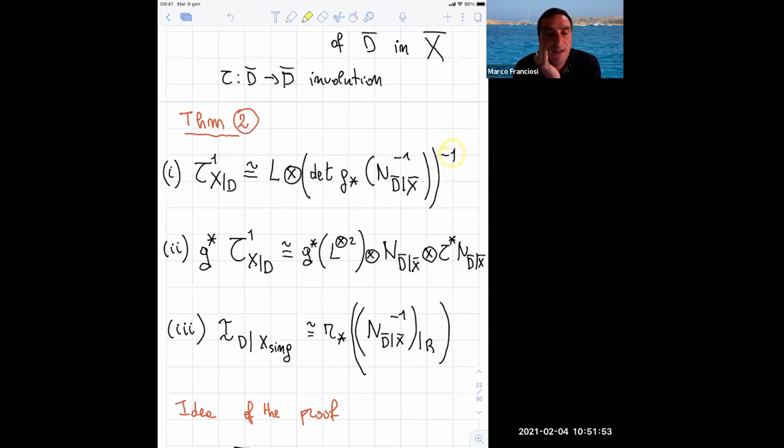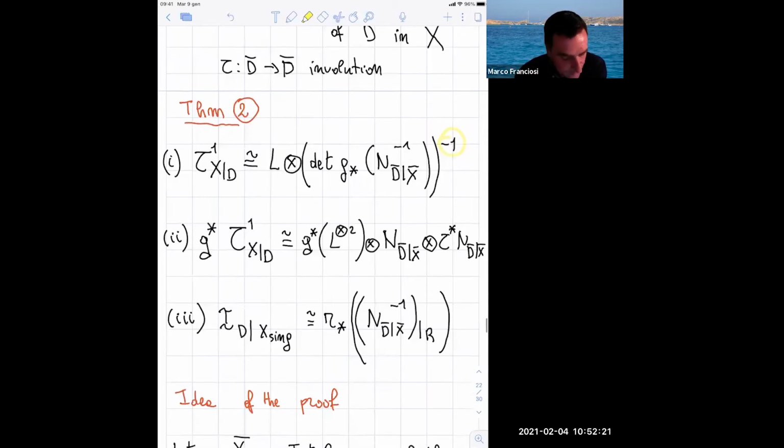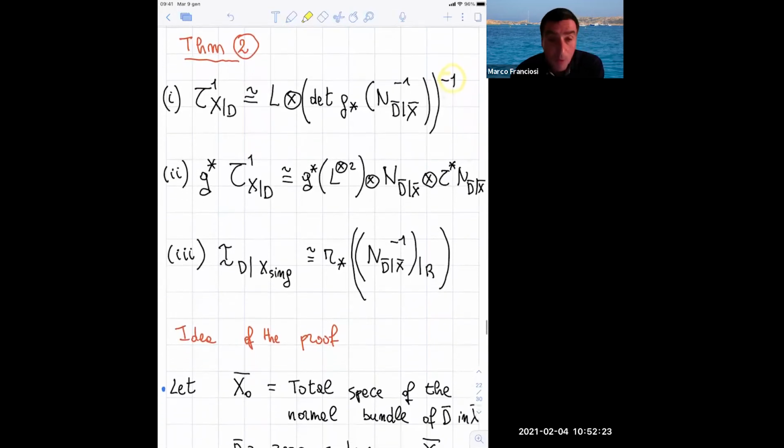So we have these three pieces. And finally, the ideal of D inside the singular locus of X can be seen as the push forward via g restricted to R of the inverse of the normal bundle restricted to R. So it's quite complicated, quite technical, but it is the way to construct.